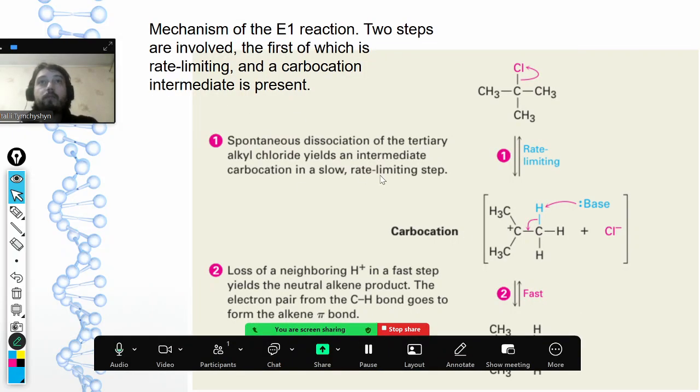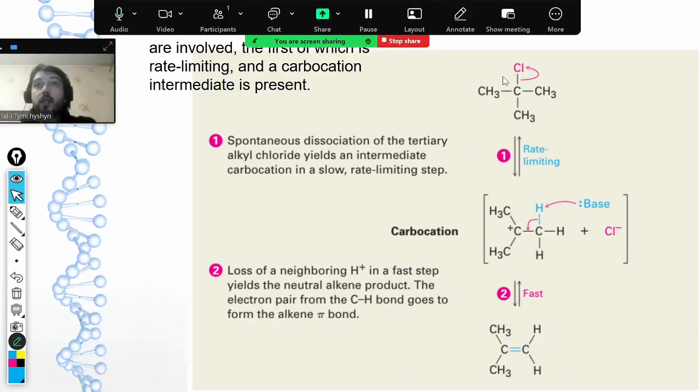A bit more detail regarding E1 reactions. The mechanism of the E1 reaction, once again, involves two steps. The first one is rate limiting. Here you see the spontaneous dissociation of the tertiary alkyl chloride yields an intermediate carbocation in a slow, rate limiting step.